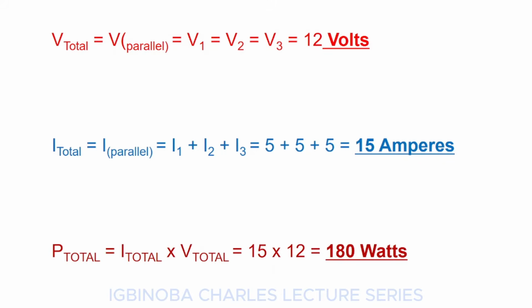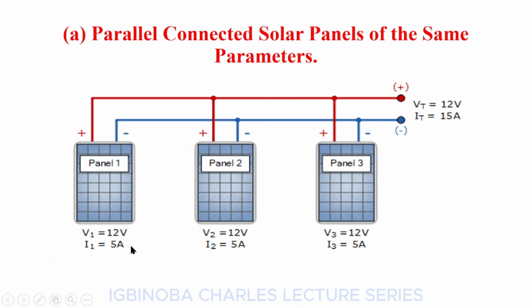That is our total power produced by the system, which we can also calculate. If you multiply this and this, you have 60 watts, 60 watts, 60 watts. So 60 plus 60 plus 60 is equal to 180 watts. But this only applies to systems that have the same voltage rating.